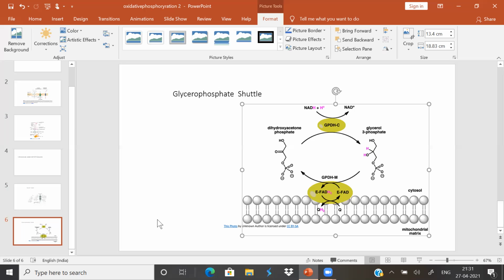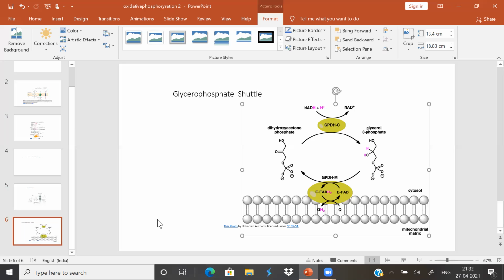So when the reducing equivalent enters the respiratory chain through complex 1, 2.5 ATP will be synthesized per cycle.